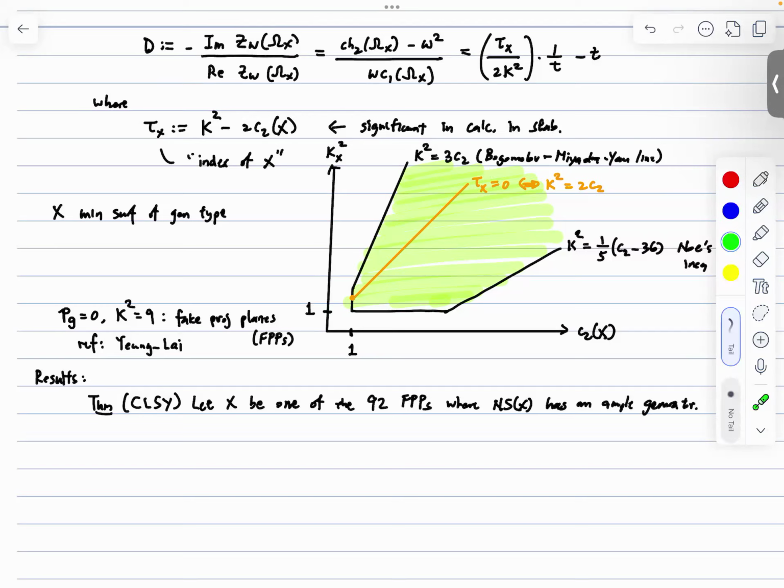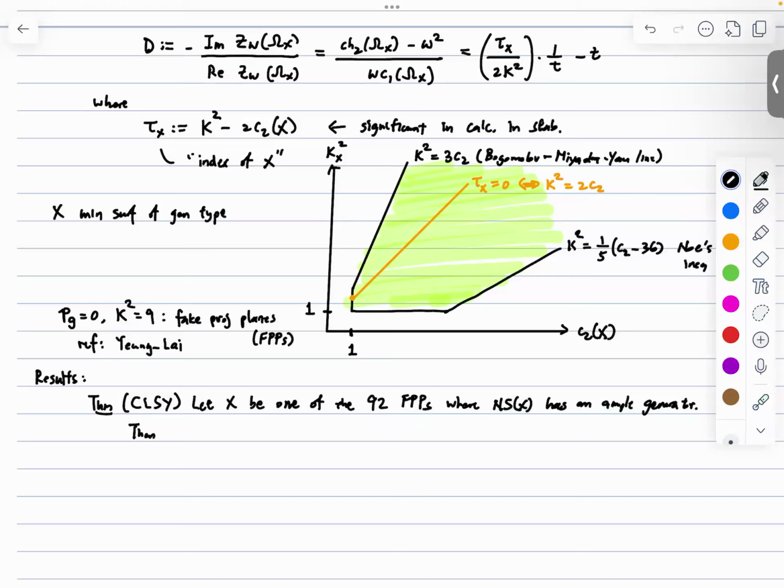After a conversation with Lai Qingwei recently, we think that maybe we can remove this condition on only 92 of these 100 planes. Maybe this statement works for all the fake projective planes. But let's say X is one of these 92 fake projective planes where the Néron-Severi group has an ample generator.